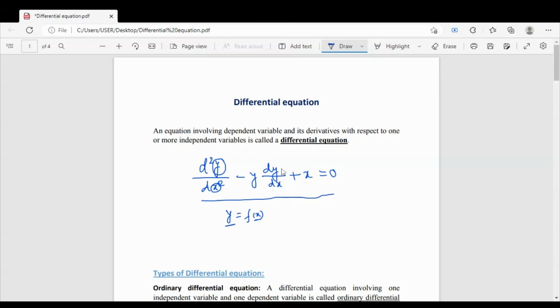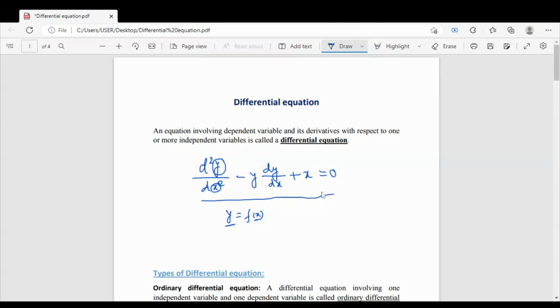And dy by dx is the derivative of y with respect to x. Similarly, d2y by dx square is the derivative of second order. So this is a differential equation which contains dependent variable y, independent variable x, and its derivatives like dy by dx or d2y by dx square.